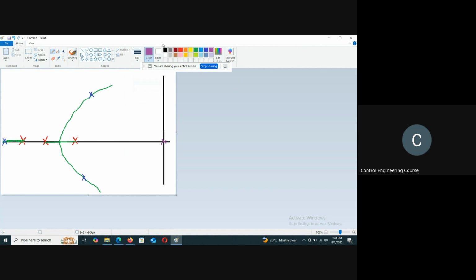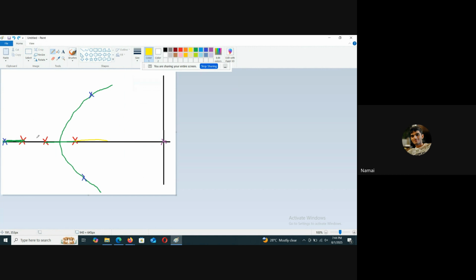It will now be something like this, screwed up. You have to do the design again.